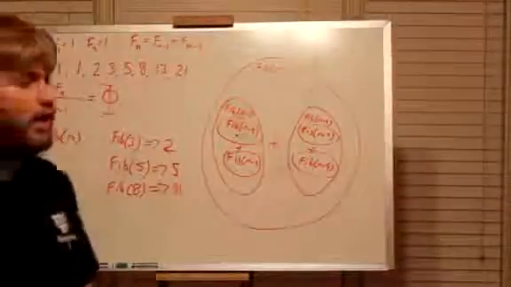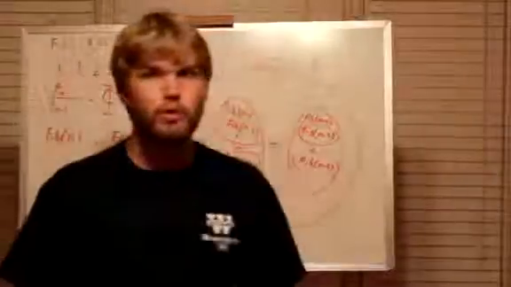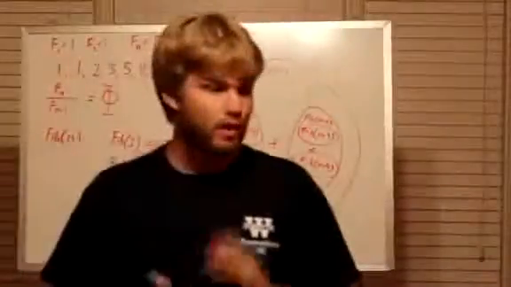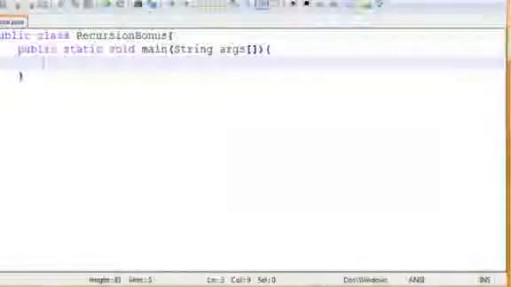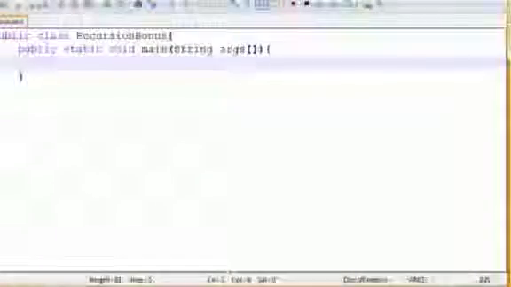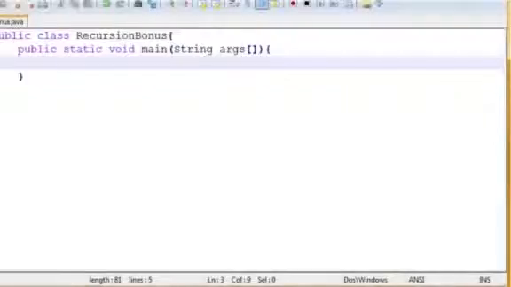And that is how we would use recursion for the Fibonacci sequence. Now I'm going to show you exactly how you do that using Java. So today we're going to make a program to predict the Fibonacci sequence, as I said in the introduction. Like last time, we're going to make a recursive program, but this time it's going to branch off into 2 methods rather than 1 every single time.